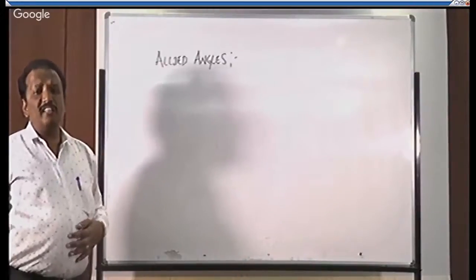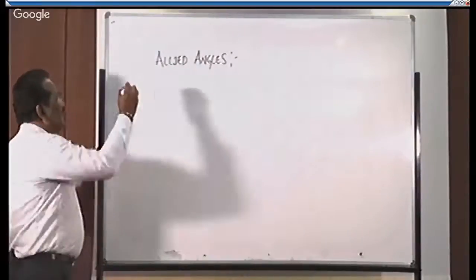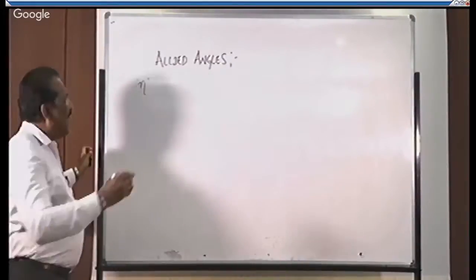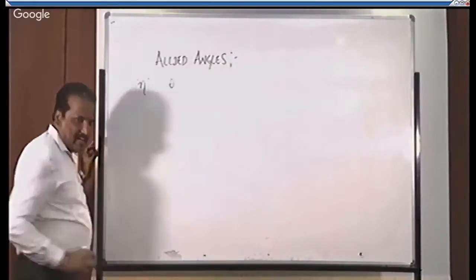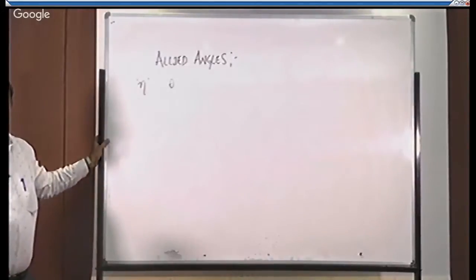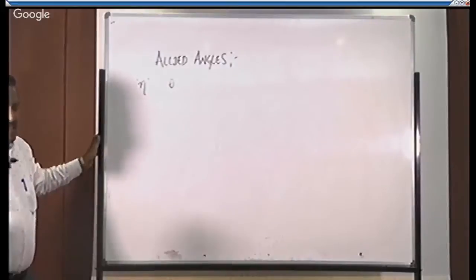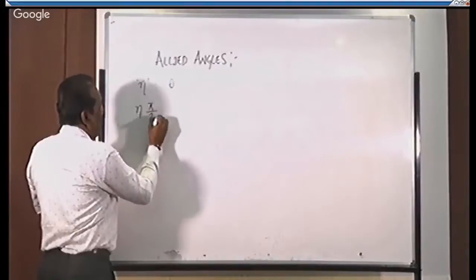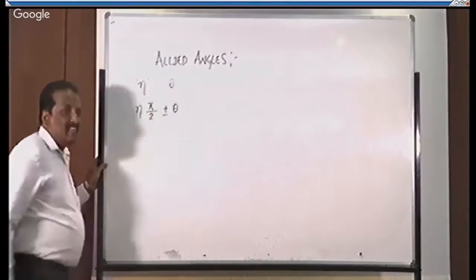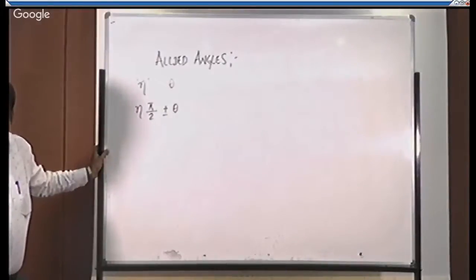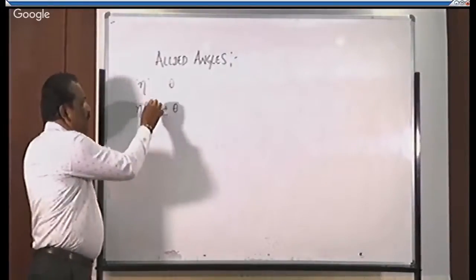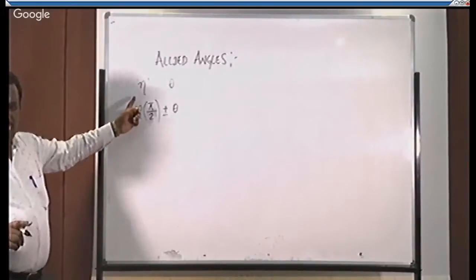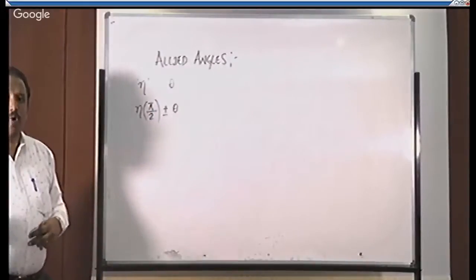In the specific definition, which is the well-known definition, if n is any positive integer and theta may be some acute angle, I repeat, if n is any positive integer and theta may be some acute angle, then the angle of the form n into pi by 2 plus or minus theta is called an allied angle, where n is any positive integer and theta is some acute angle.